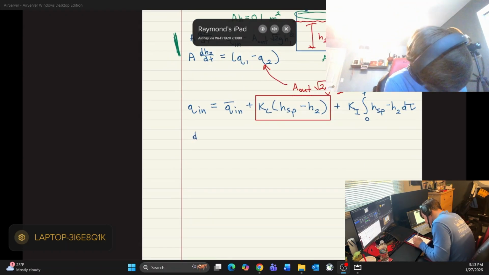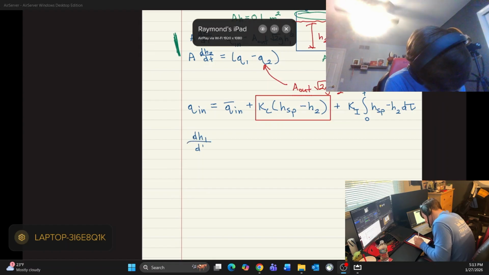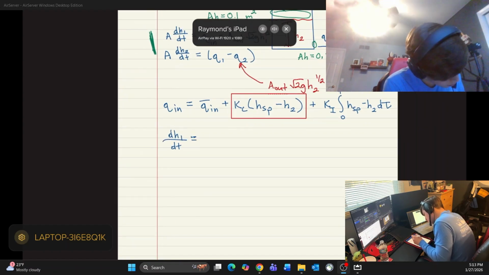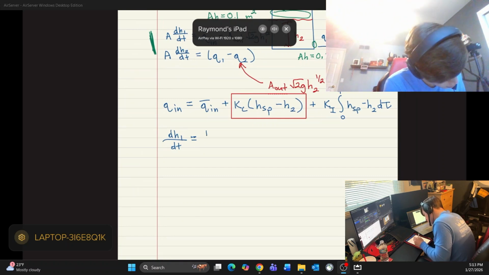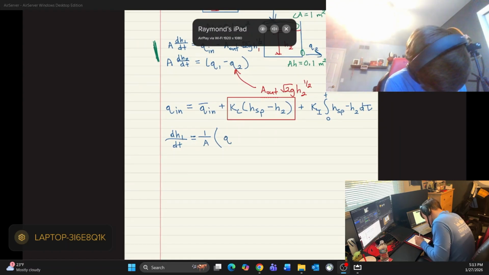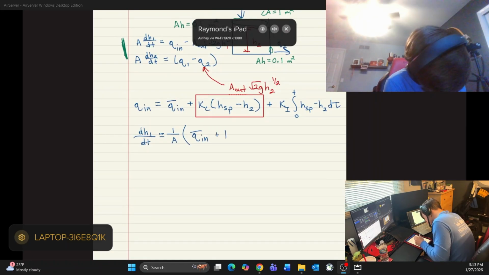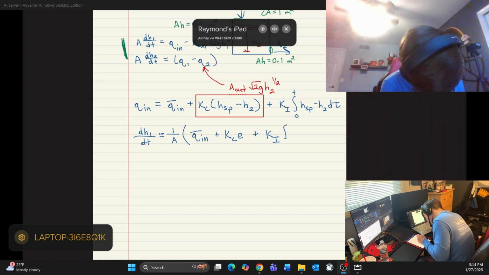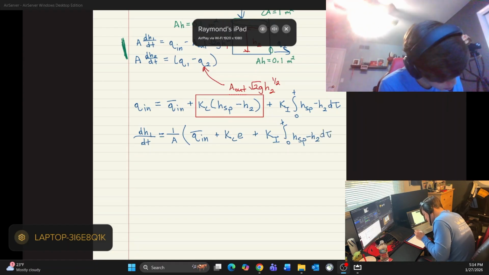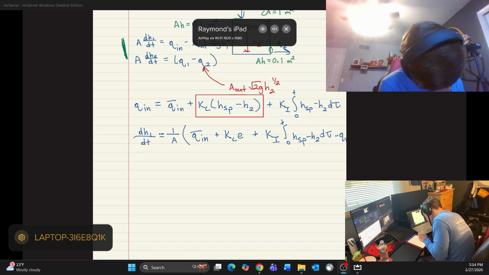And so what that's going to look like is dH1 over dt is equal to 1 over A now Qn plus our controller gain times our error plus our proportional integral controller, Ki times the integral from 0 to t of hsp minus h2 d tau, and then we're going to end up subtracting q1.